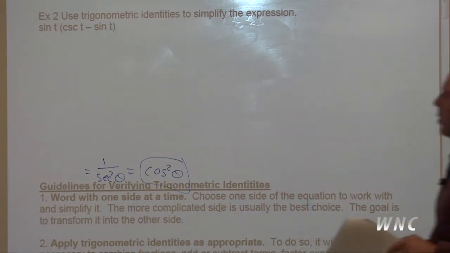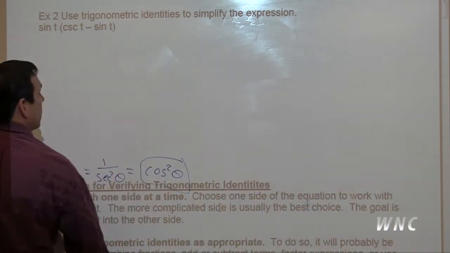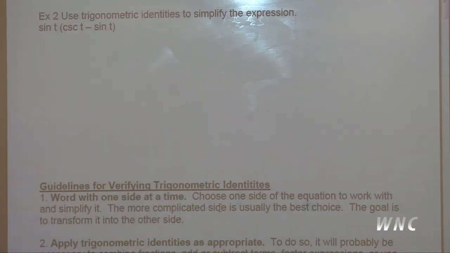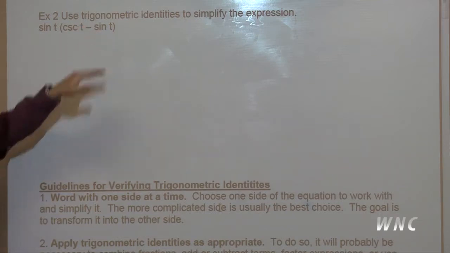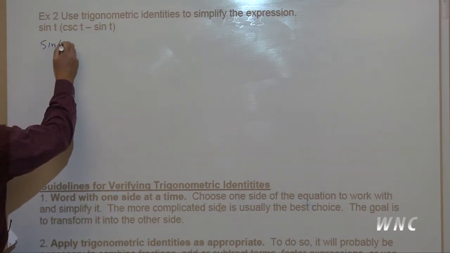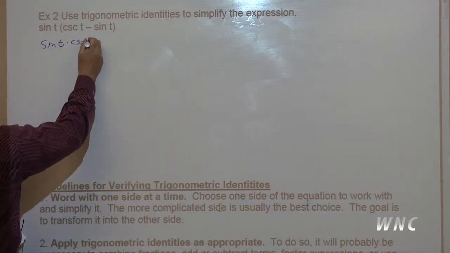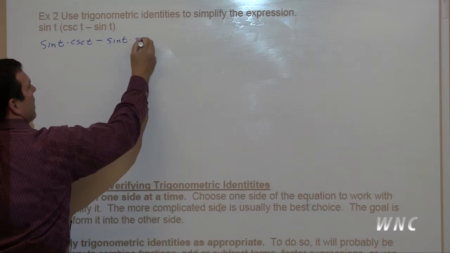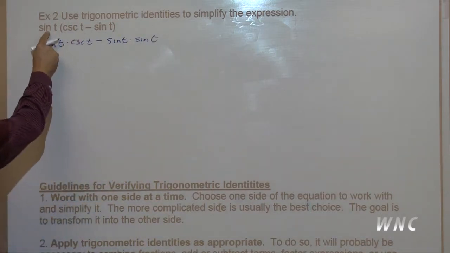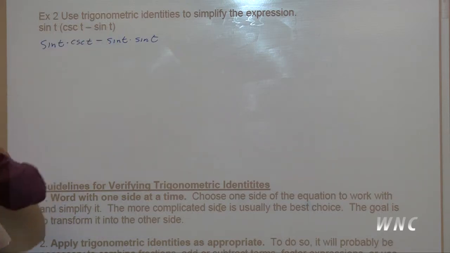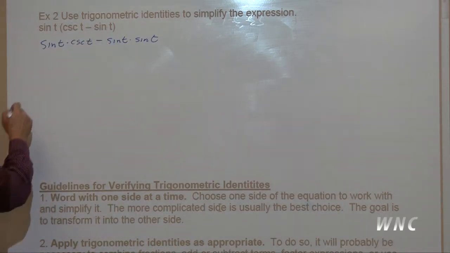Now we're going to use the trigonometric identities to simplify this expression: sine t times the quantity cosecant t minus sine t. What's that going to be? Well, this is sine t times cosecant t minus sine t times sine t. So I've distributed sine t across the cosecant t minus sine t.